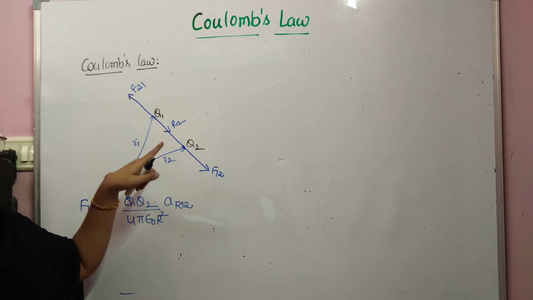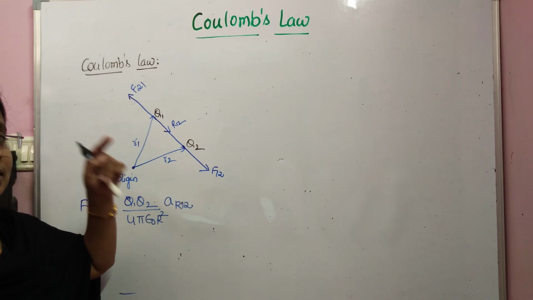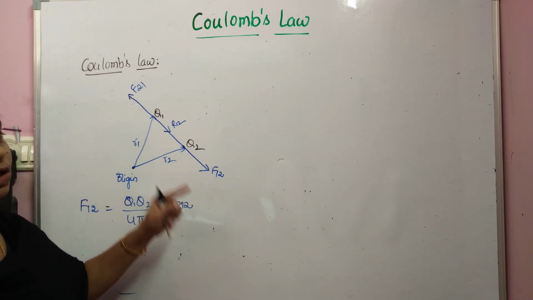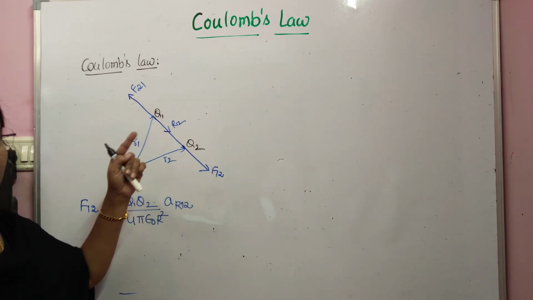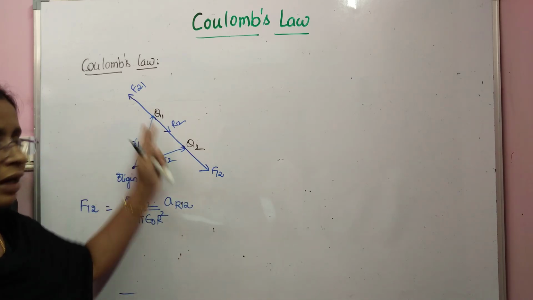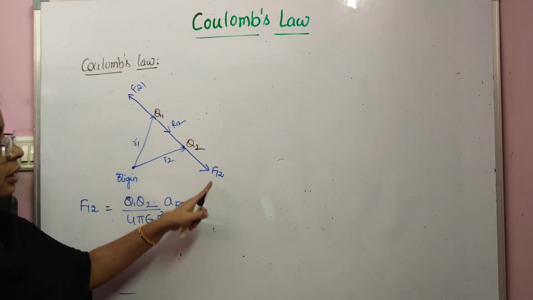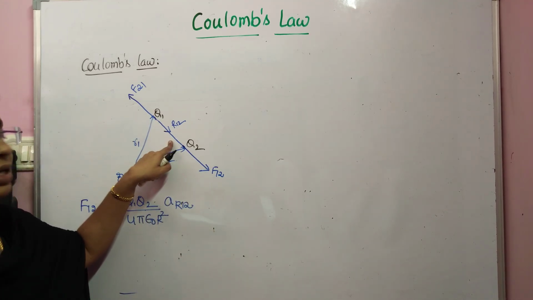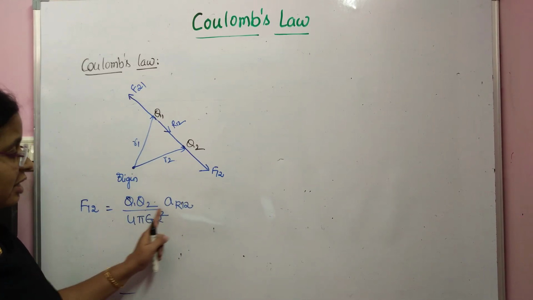The force is on Q2 due to Q1, so you have to find the distance between Q1 and Q2, not Q2 to Q1, and the direction is like this. Your force is along the line joining them, meaning the line joining Q1 and Q2. The force is also along this R12, and that is the reason F12 is written like this.